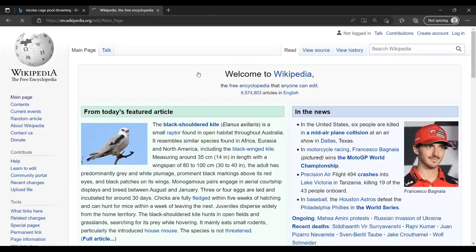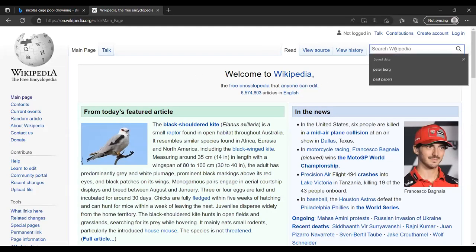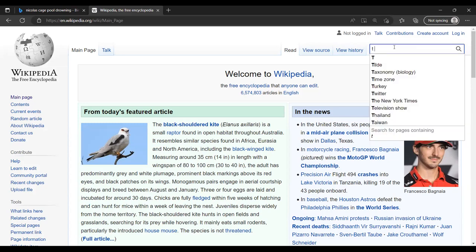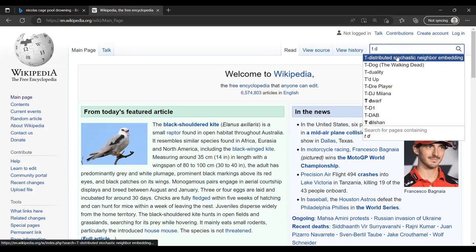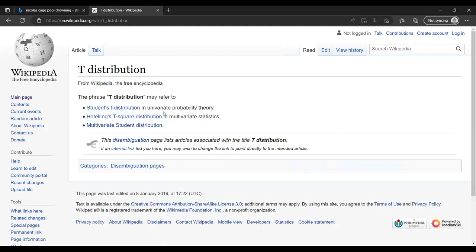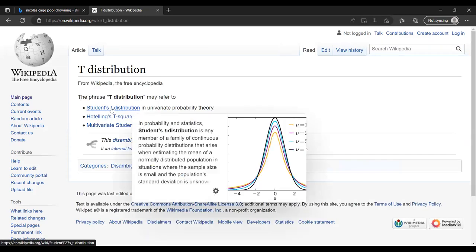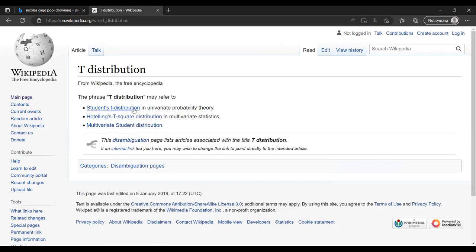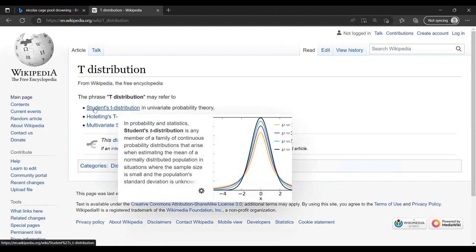To my knowledge, Fisher. This is one of the most preeminent biologists and really the founder of, let's do T distribution. Wow. Okay. In fact, yes, it's also known as Student's T distribution, and I think it's Student.